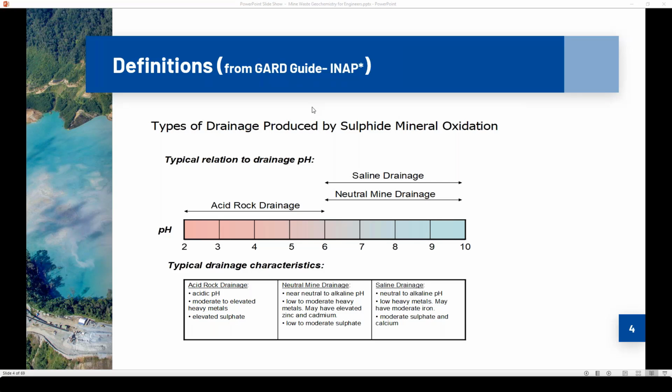The definitions used are acidic ones, obviously with a pH below neutral, and neutral mine drainage and saline drainage for those that are neutral to alkaline. I'll demonstrate a few of these in some slides, but generally the major concerns are the acidic pHs, where we have moderate to elevated heavy metals. In almost all of these cases, we can have elevated sulfates and other salts, and for the neutral mine drainage cases, some other metals of concern.